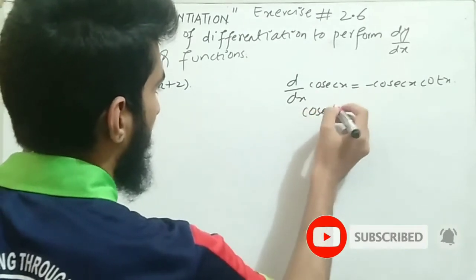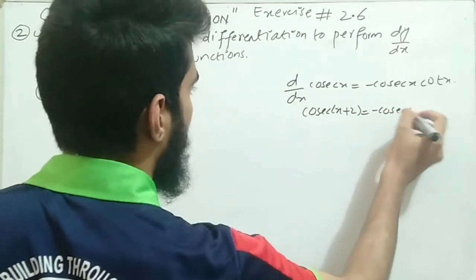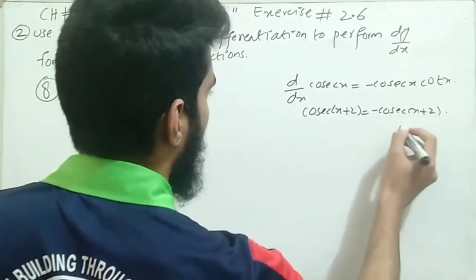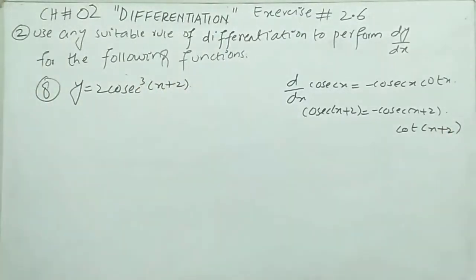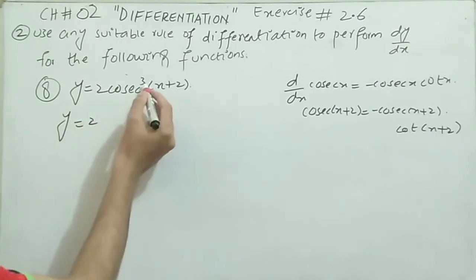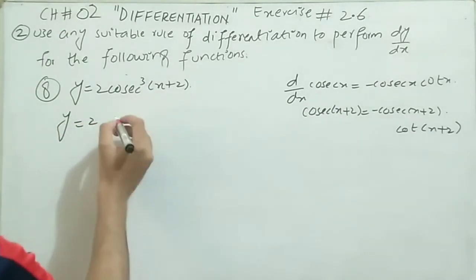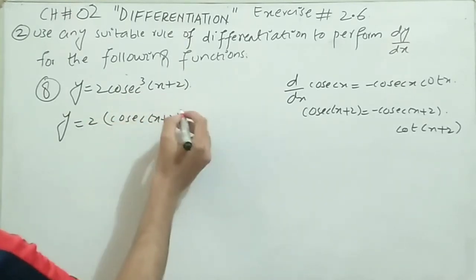So the derivative of cosecant of x plus 2 is negative cosecant of x plus 2 dot cotangent of x plus 2. So putting the values, first we make the equation like this: y is equal to 2 into the cube, which is on both cosecant and x plus 2. So we can write it as cosecant of x plus 2, whole cube.